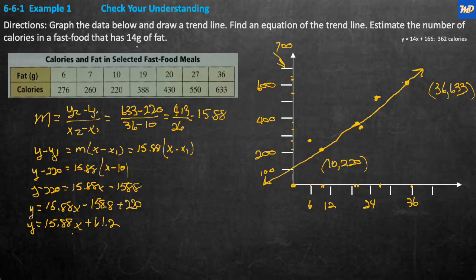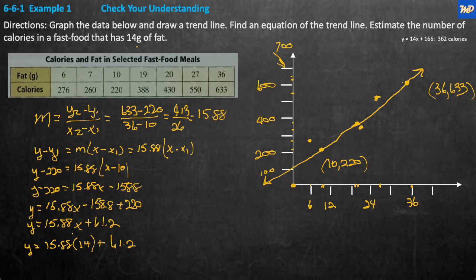And we'll come up right away with the answer, which should be, let's try it. Let's see what it comes up with. It says y is equal to 15.88 times 14 plus 61.2.